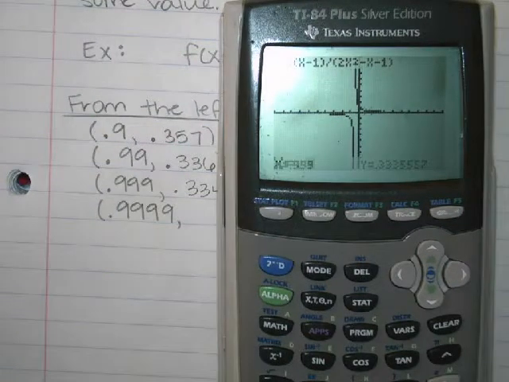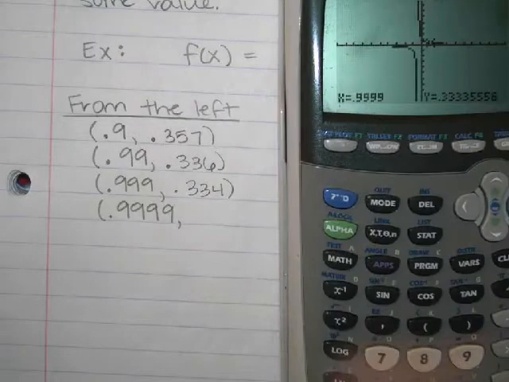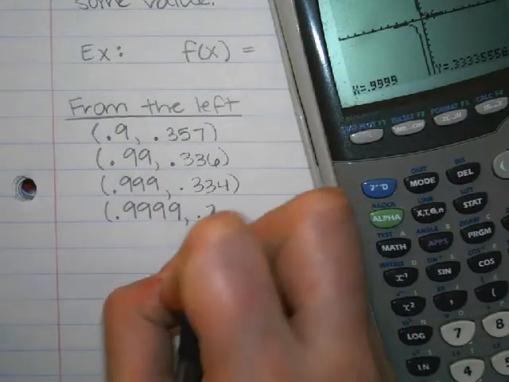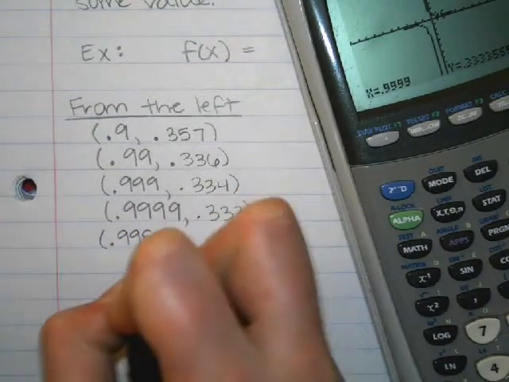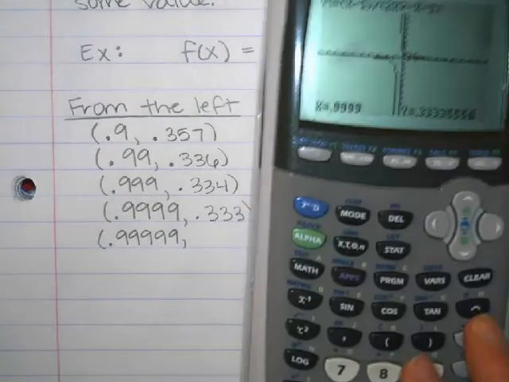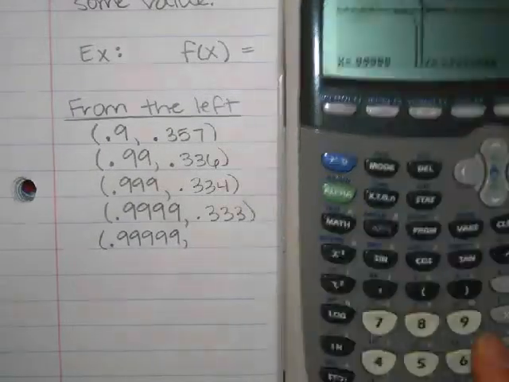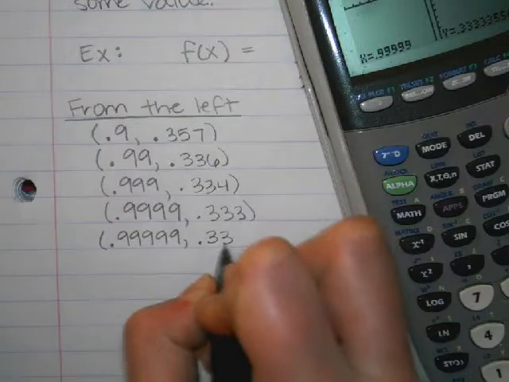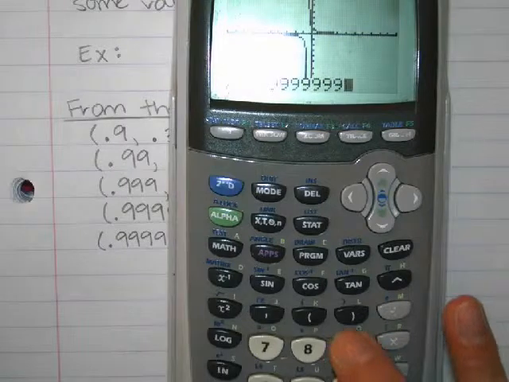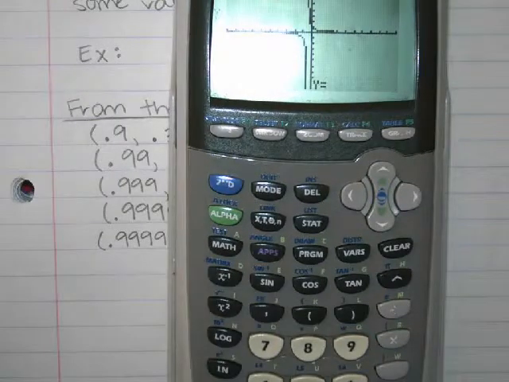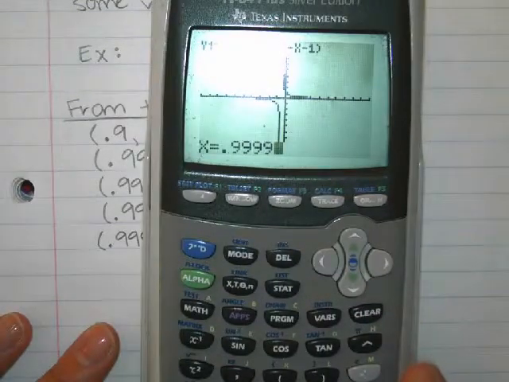Then 0.9999, okay, so 0.333. And then if I do 0.99999, okay. And if I did 0.99999999999, oh, now my calculator's getting confused. I did too many. Hold on, let me try 6: 1, 2, 3, 4, 5, 6.